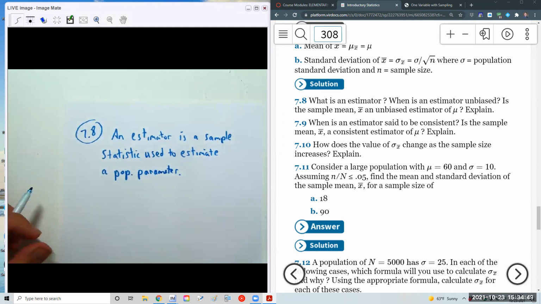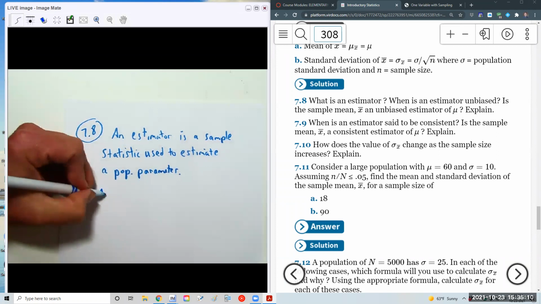So that's what an estimator is. And an estimator is unbiased when its expected value, the value that you expect it to be, is equal to the population mean.